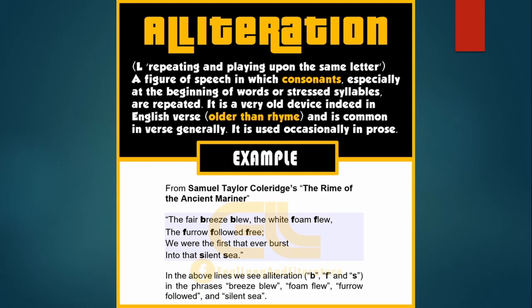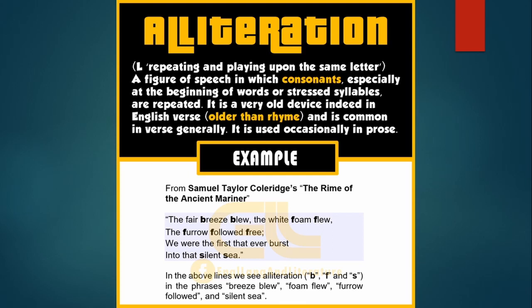So I have put here an example from Samuel Taylor Coleridge's The Rime of the Ancient Mariner, a very famous ballad. Just read this stanza. The fair breeze blew, the white foam flew, the furrow followed free. We were the first that ever burst into that silent sea. You see, in the first line, there is a repetition of the B sound at the beginning of breeze and blew.